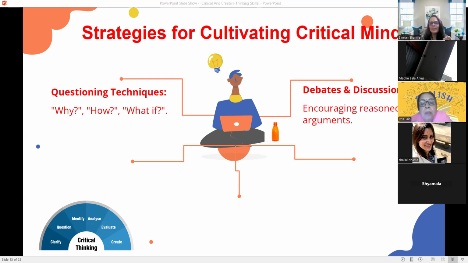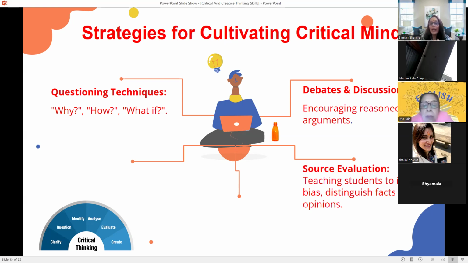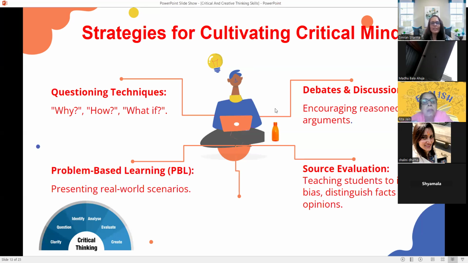Another way is to evaluate their source. When they are presenting their reasoning, it should be based on a proper source, and it should not be based on anybody's bias. Another way is problem-based learning, so that they are well prepared for real-world scenarios.